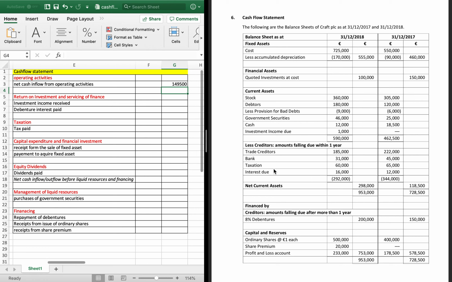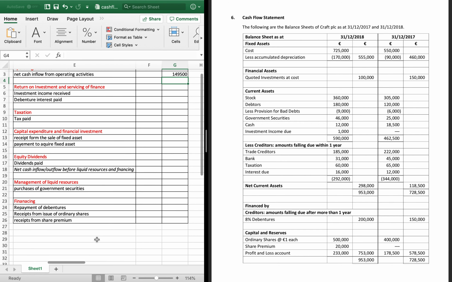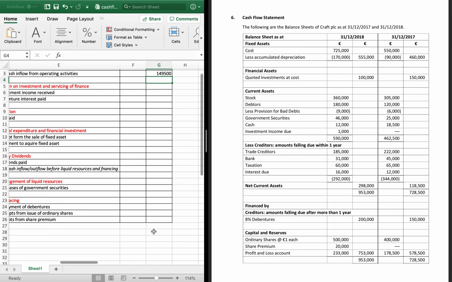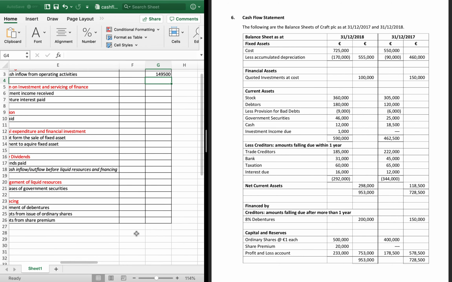Your investment income received. Now remember what we're looking at here. Last year's plus our answer from part A minus this year's. So I'm just going to do these here. It'll be last year, add the charge, and take away this year.